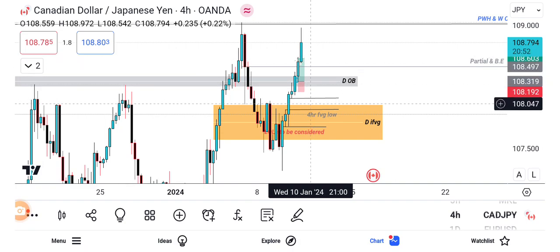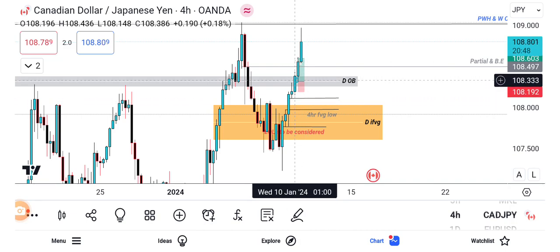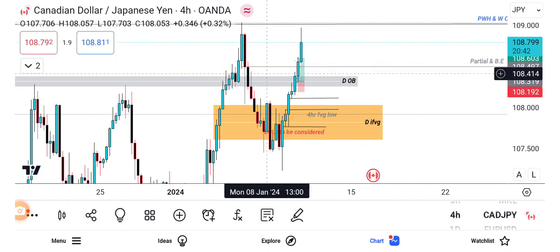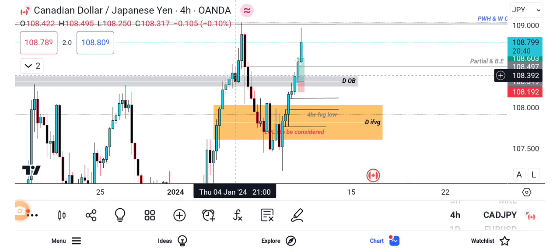So this was the level that was to prevent price from going deeper into this fair value gap, because this candle had already closed above this daily order block, right? Also above, did it close above this daily? No, it had not closed.